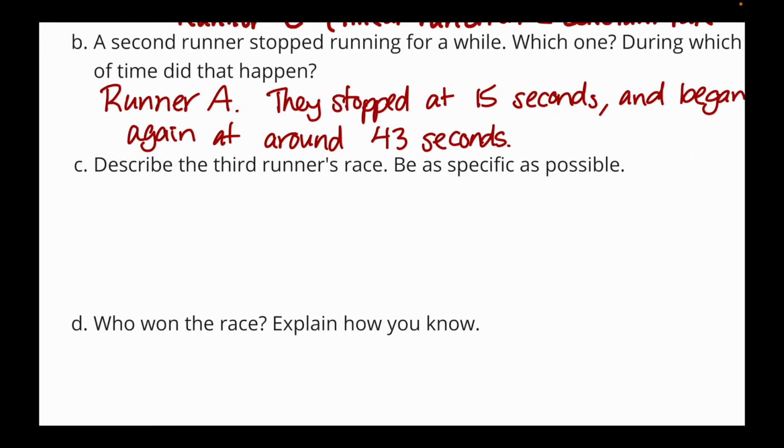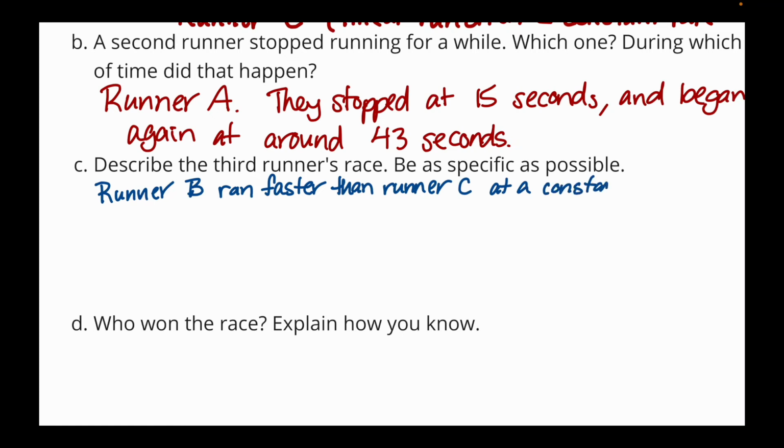So we'll say, oops, let me zoom into the right place here. Okay, we'll do this part in blue. Runner B ran faster than runner C at a constant speed because it was pretty linear right there.